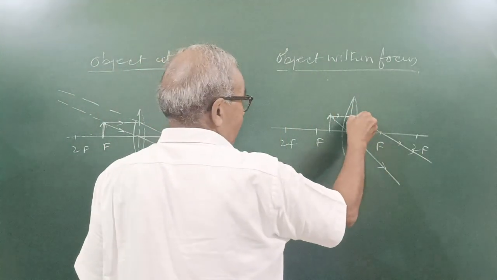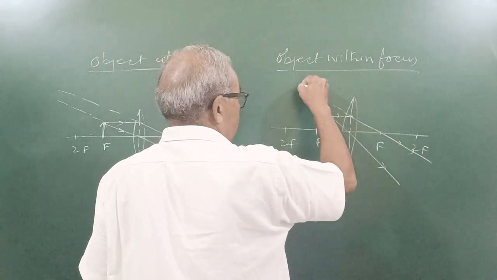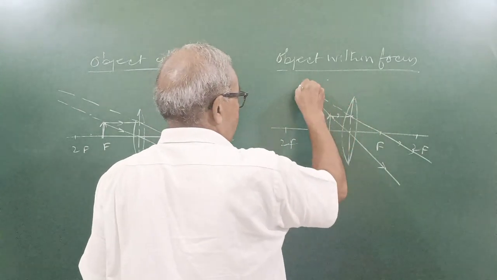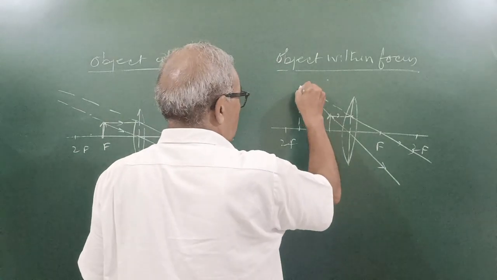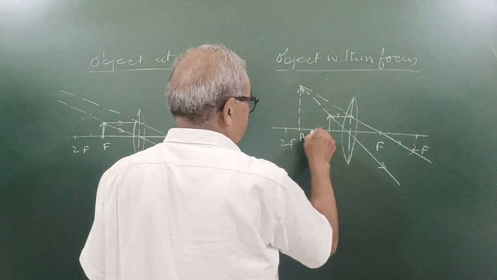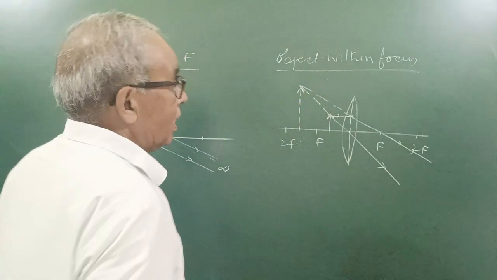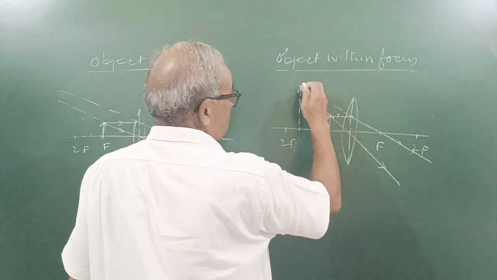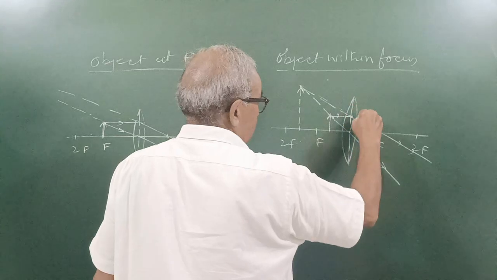If you produce them back, then they appear to come from this point. Here will be the virtual magnified erect image. Magnified erect image.